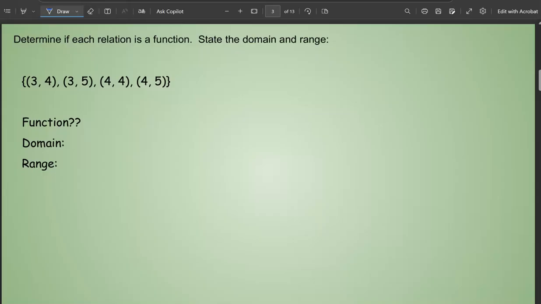And so really all I'm going through and looking at is, do any of my x values repeat? So yes, my x values do repeat, so this is not a function. So no, it's not a function. My domain would be 3 and 4. My range would be 4 and 5.